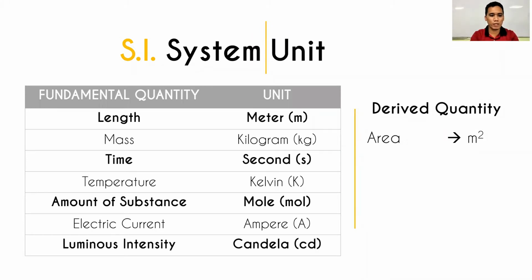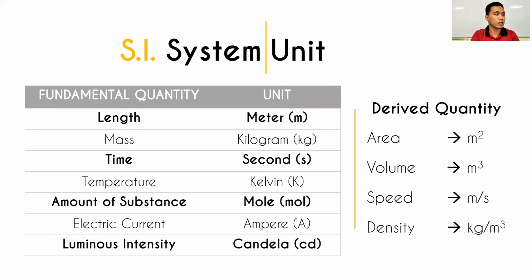We also have the volume, which is the combination of three lengths, so a cubic meter. We also have the speed, which is the combination of length or distance over time. And we also have the density, which is the combination of mass and its volume.